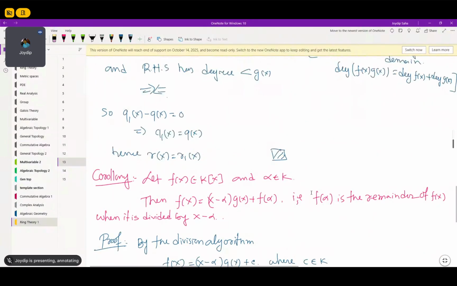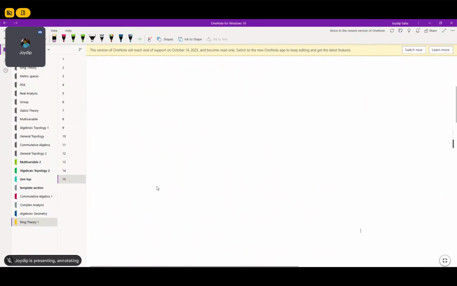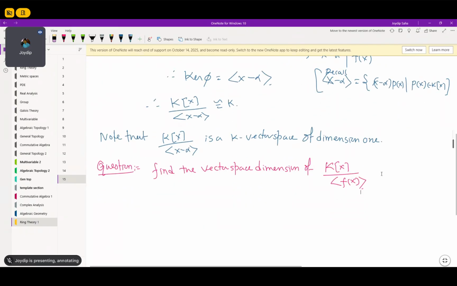A similar proof as for Z, I can prove it. In the next line I will prove it, where degree f(x) is n. Say, what is the vector space dimension? Can you say?